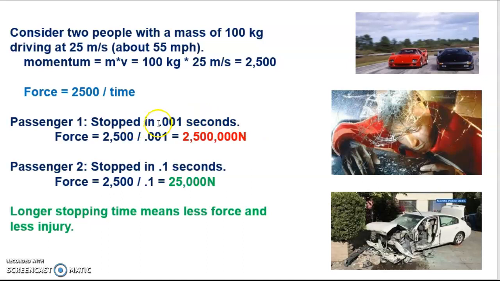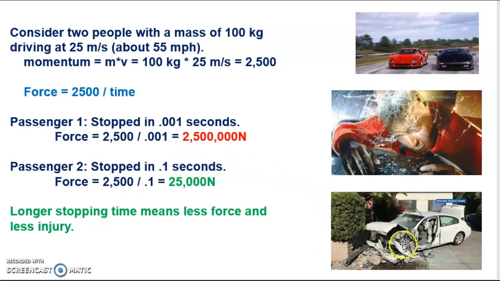That hard, very rapid stop might take place in a very small period of time, well less than a second, maybe a thousandth of a second. And in this case, the force would be equal to the momentum before they crashed divided by the time it took for them to stop. In this case, a momentum of 2,500 divided by 1/1000th of a second would be a force of 2,500,000 newtons, so a very large force.